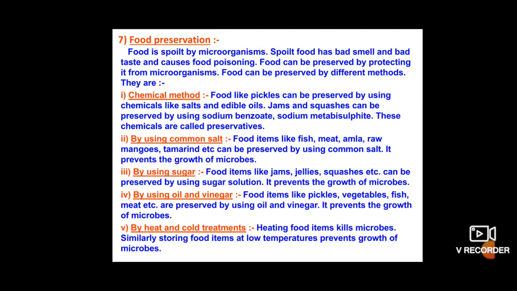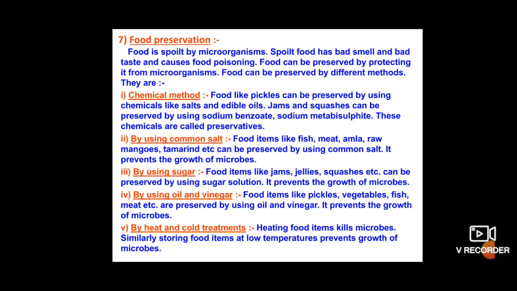These are the best chemicals used in fruit jams, and they can be preserved for various months because of sodium benzoate. These chemicals prevent the growth of microorganisms. That's why the food is preserved for a certain duration.